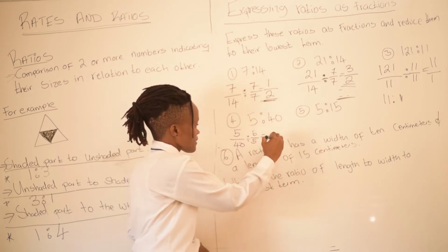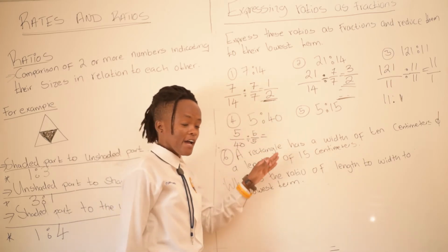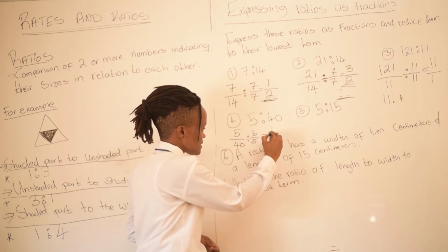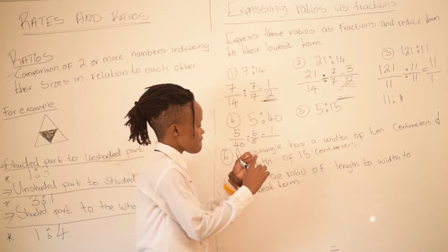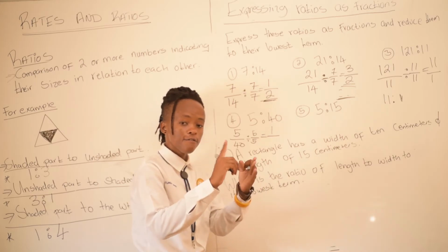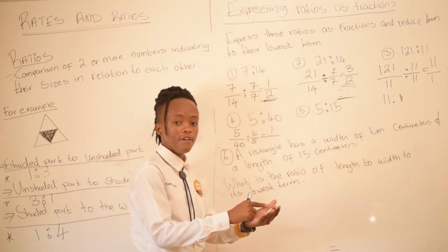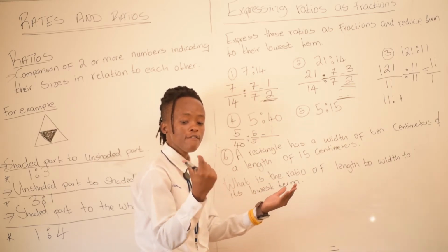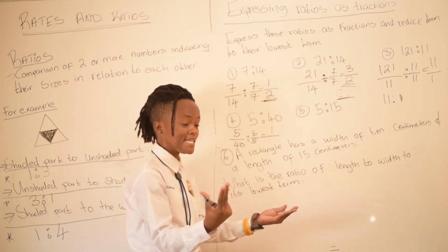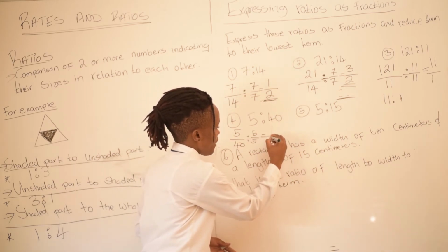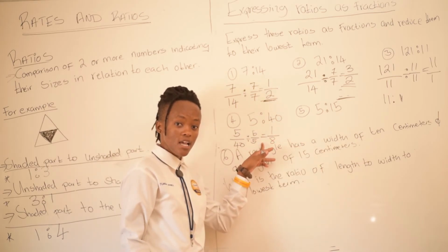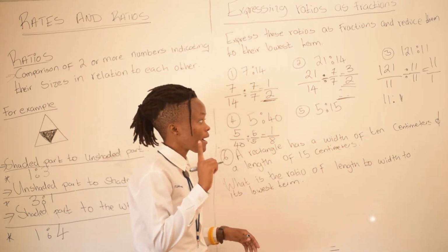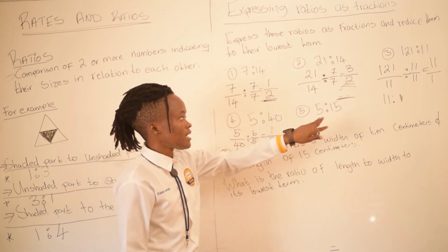Correct? 5 divided by 5 is 1. 40 divided by 5 is, let's count it, 5, 10, 15, 20, 25, 30, 35, 40. So it's 8. So our answer becomes 1 over 8, which is the same as 1 is to 8. Let's move on to the last one.